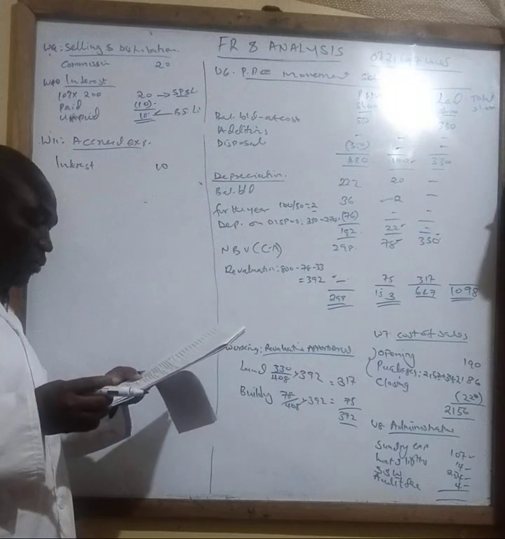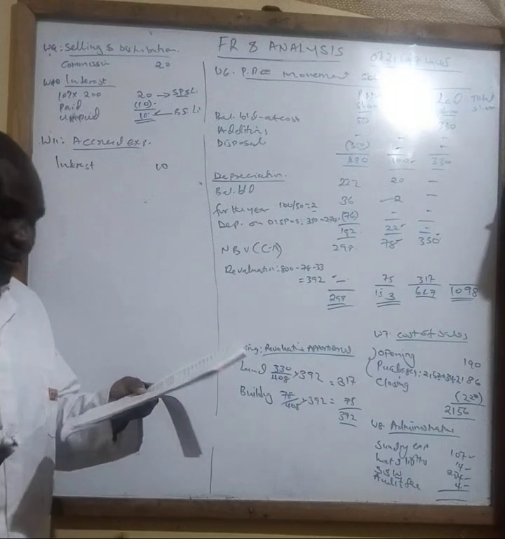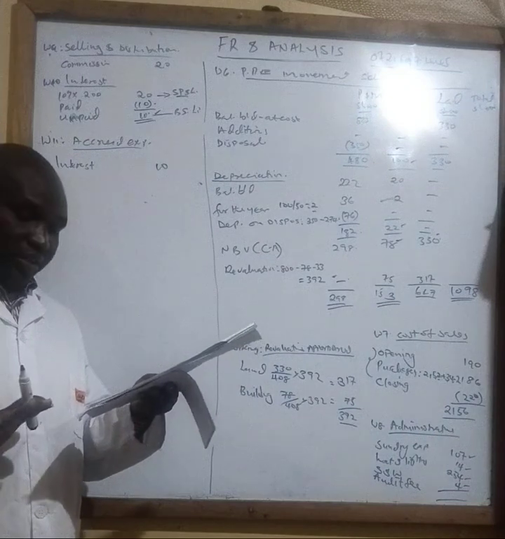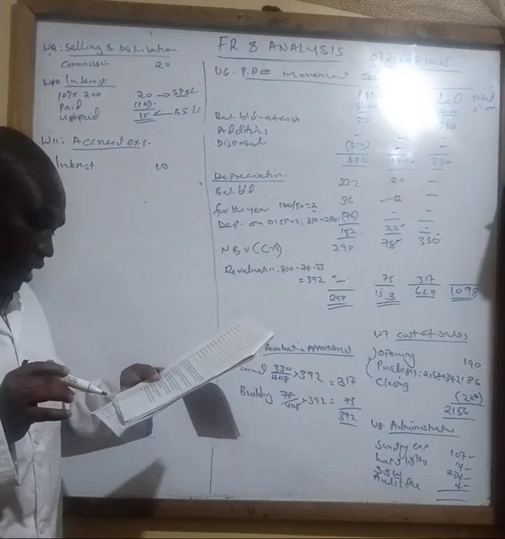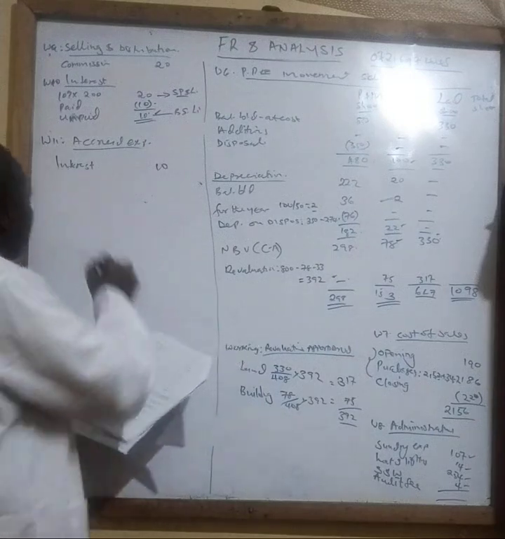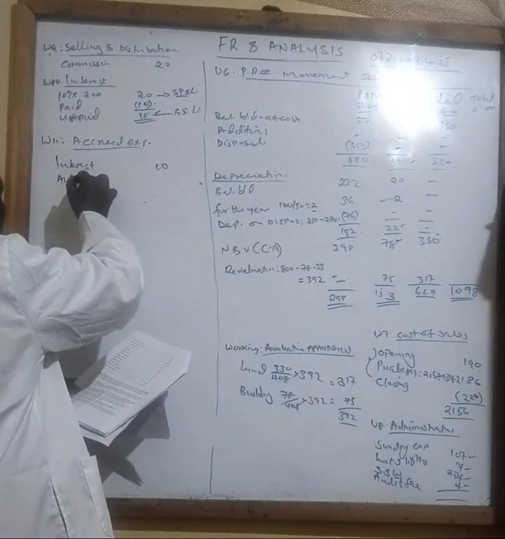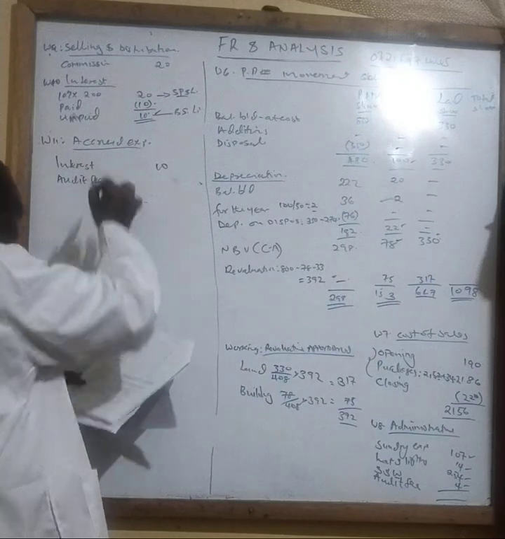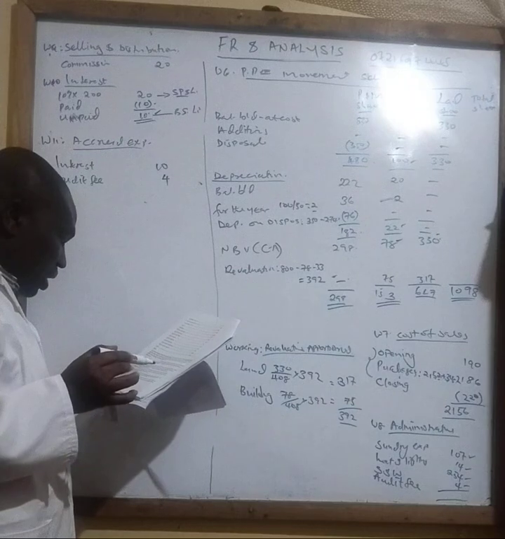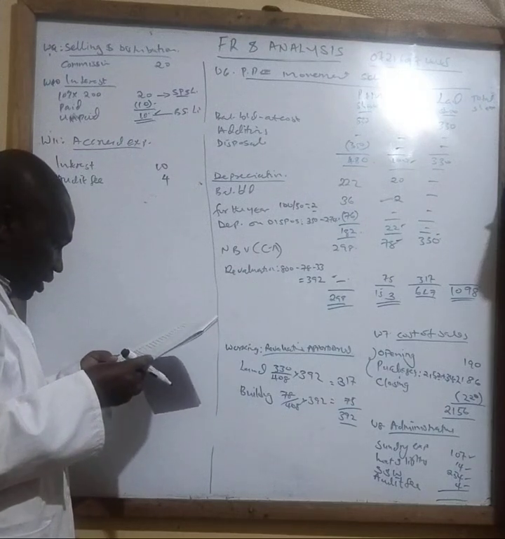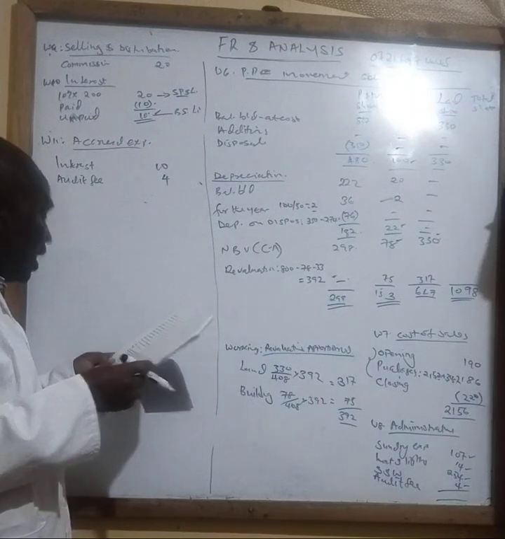On the same note, we have also the last additional information: management wishes to provide for. That statement alone means that there was no payment in this case. Expense there is audit fees. Audit fee of how much? 4. Then, was there any other that was not paid? Yes, additional information number 1.